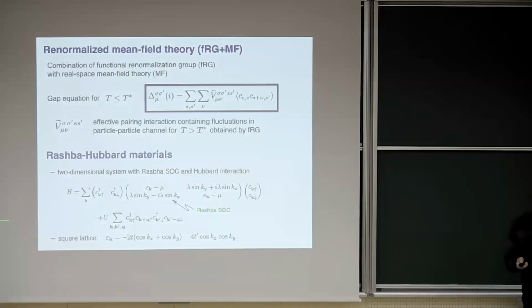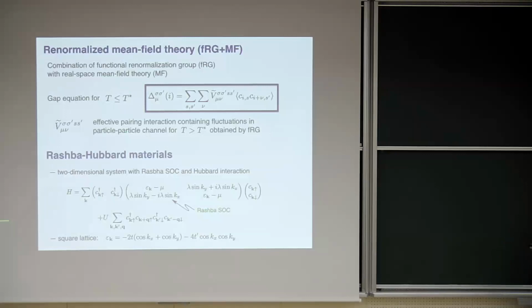So we have a finite set of coupling constants, but we have functions of coupling constants that we have to see how they evolve. That's why it's called functional renormalization group. We numerically integrate these flow equations starting from a high temperature until a certain interaction vertex diverges, or until we reach the stopping temperature T star.